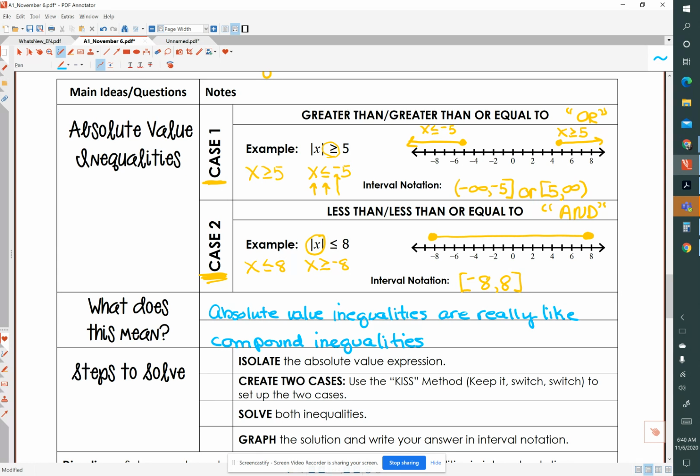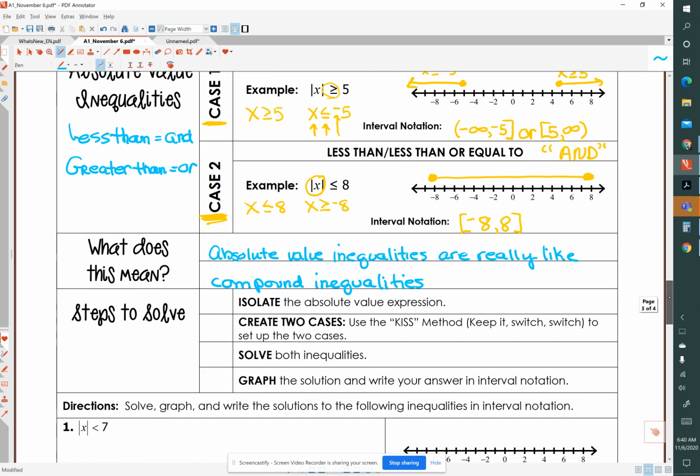Okay, so our less than and our less than or equal to, those will be like the ands, and the greater than or equal to would be like our or type from yesterday.